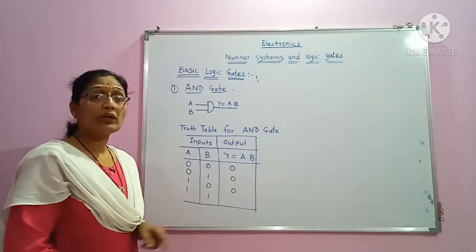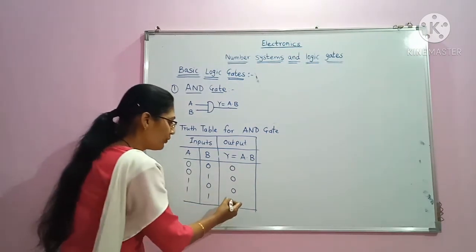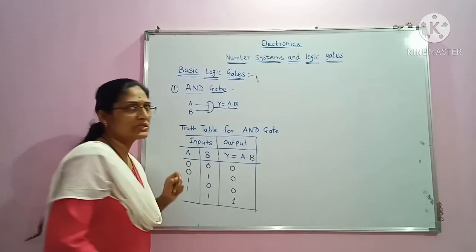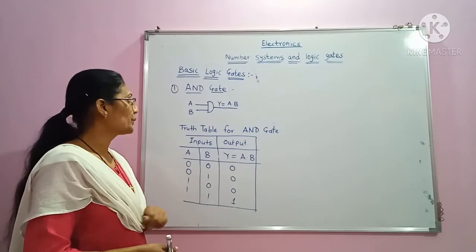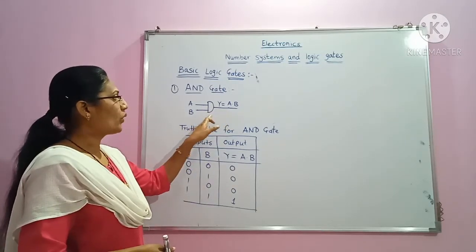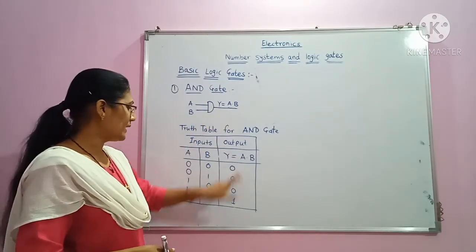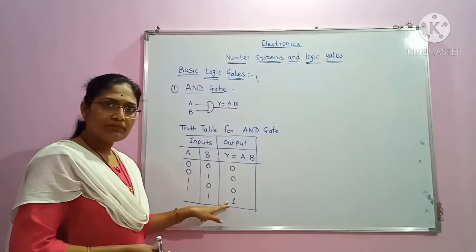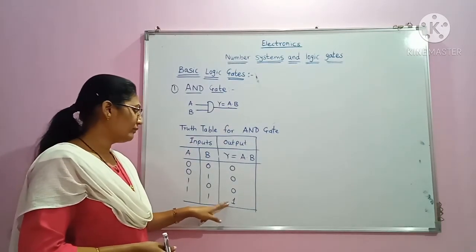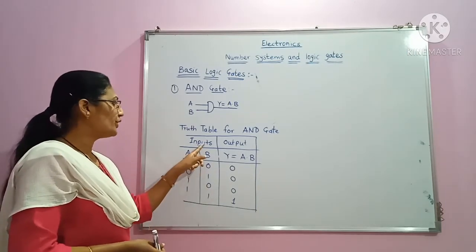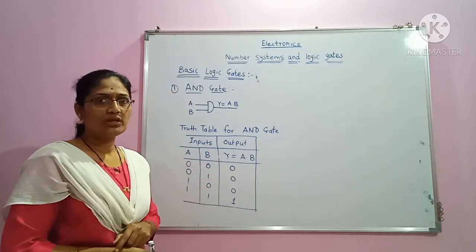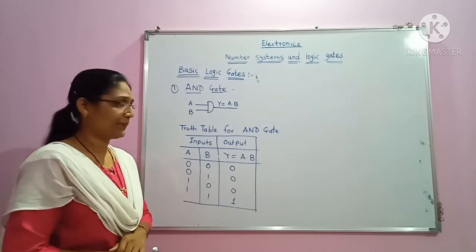And 1 into 1 only is going to give me a logic 1 state. So what I can conclude from this output of the AND gate is that the output will have a high value only if both or all of the inputs are at logic 1 or logic high.